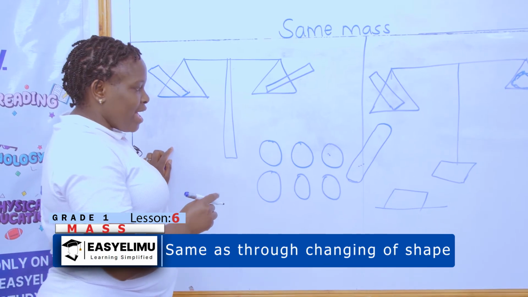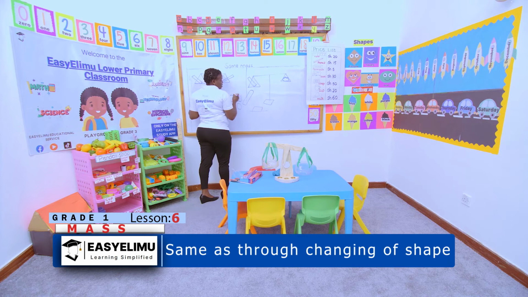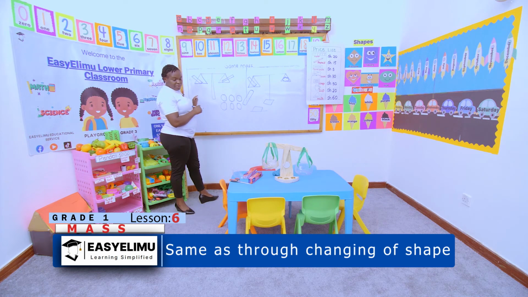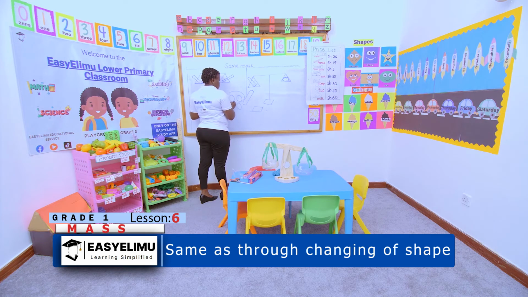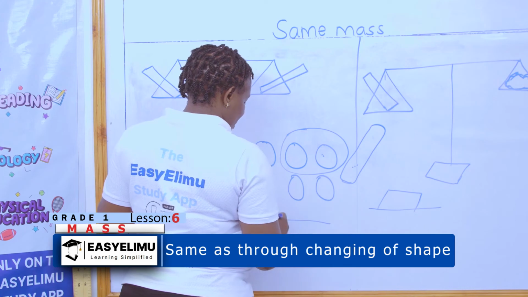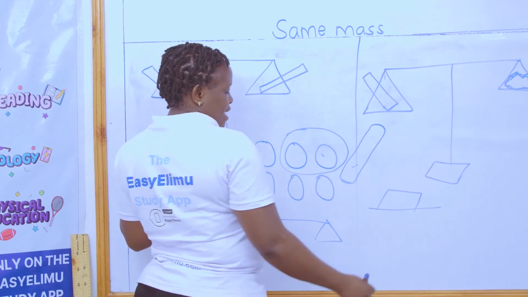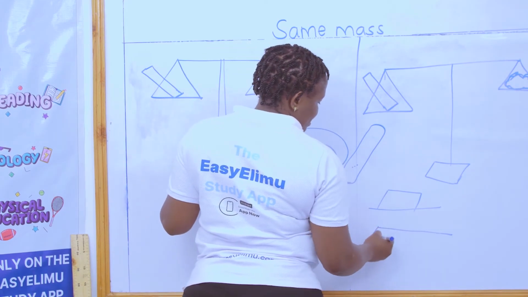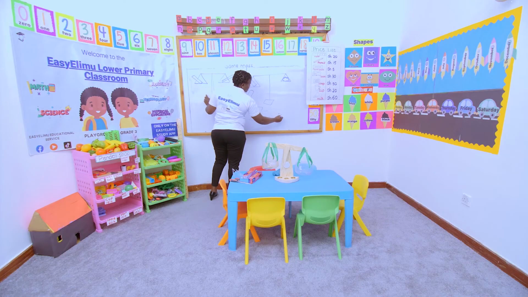Are we together? And then you will tell me, teacher, it changed or it did not change. Are we together? I've said you take how many? Two balls of chapati, put them on a weighing scale, and find out, are they of the same mass? Yes. Then take the same ball, change one ball into a different shape.